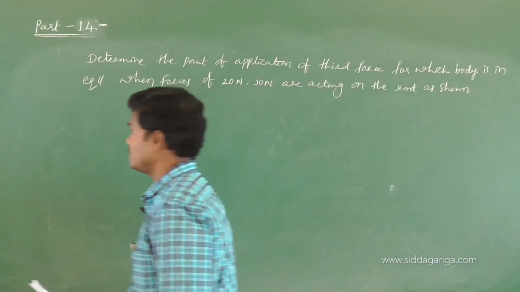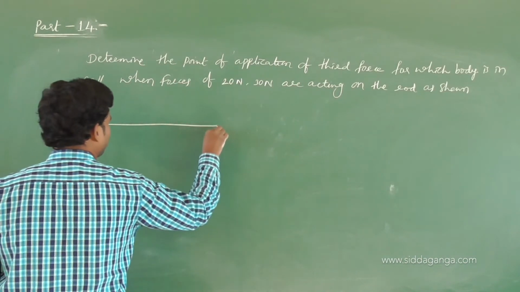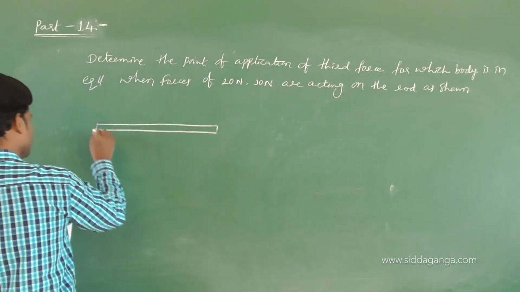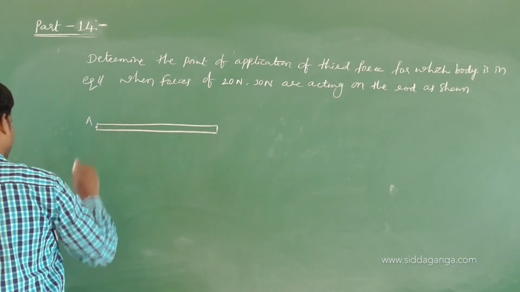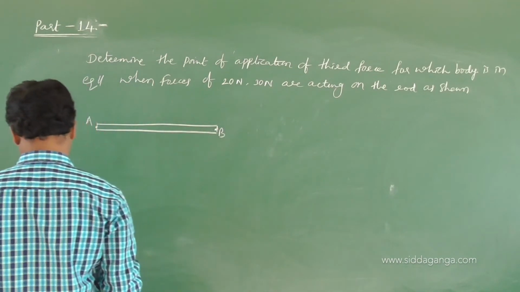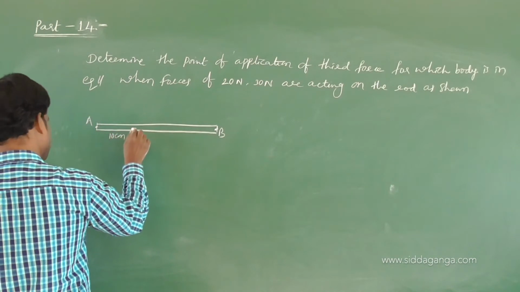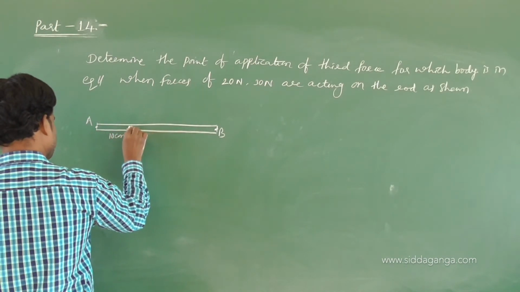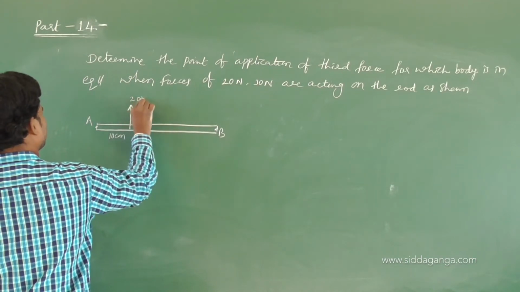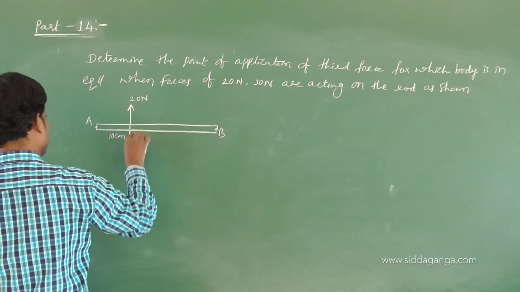Let me draw the diagram. They have given A, B at 10 centimeter, 20 Newton. This is C.